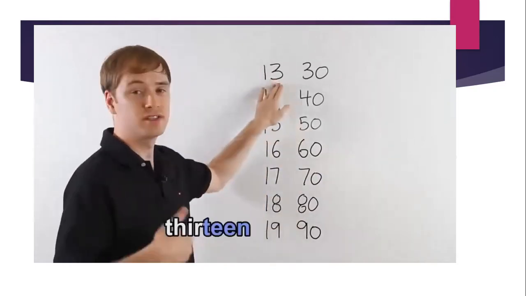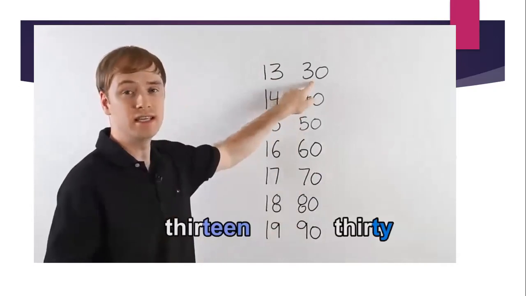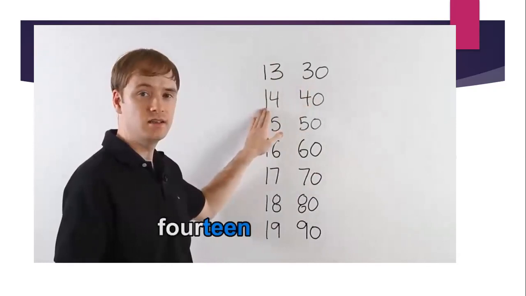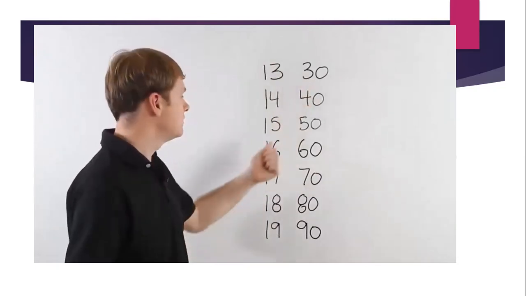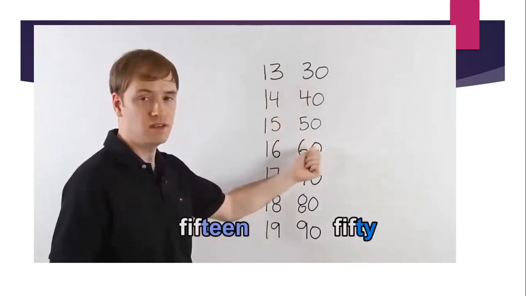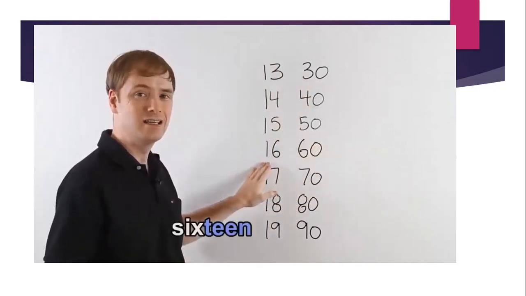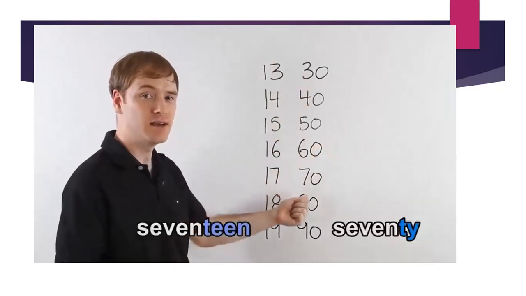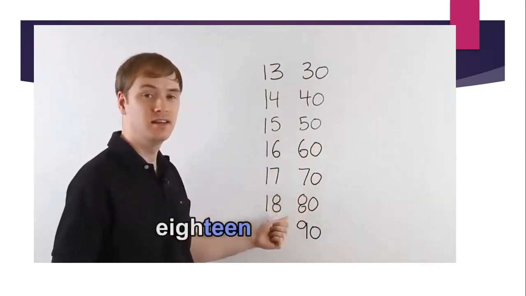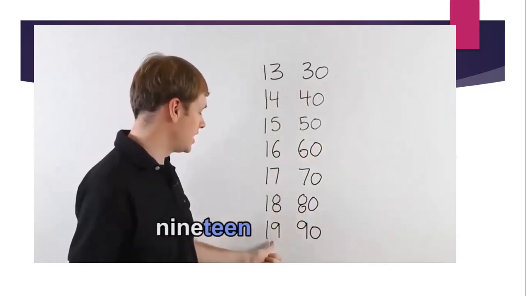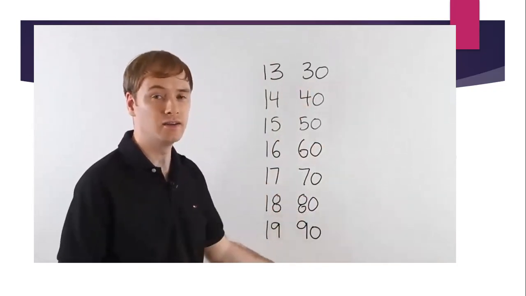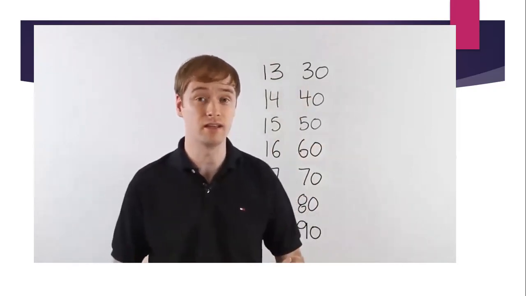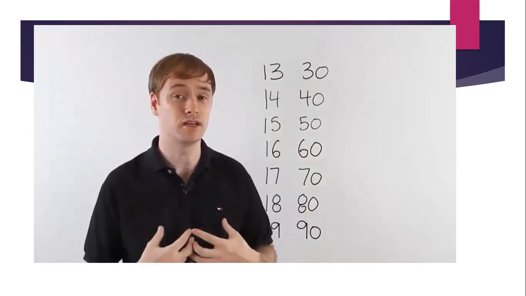So this is 13, and this is 30. 13, 30. 14, 40. 15, 50. 16, 60. 17, 70. 18, 80. 19, 90. Okay? Make sure you get those right and pronounce them correctly so you don't have confusion like me.